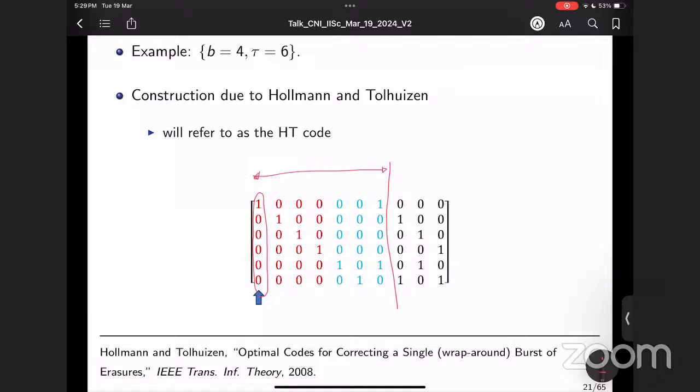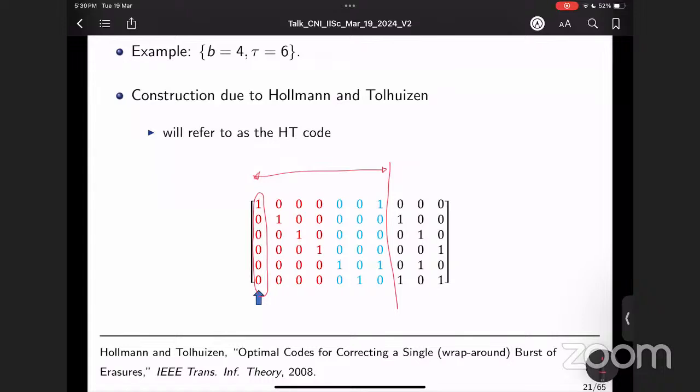Moreover, all the red columns are not available to me because of the burst duration. So the property I want is that the 0th column should lie in the span of these blue columns. Is it true? It's obviously true. Why?